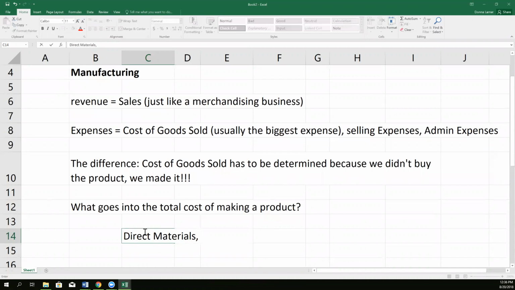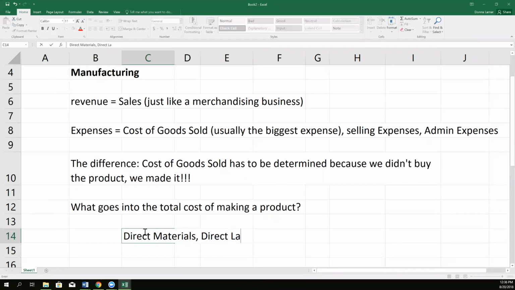They get all put together, modified, cut, sewn, welded, all put together to make a finished product. So you've got to keep track of what direct materials are going into the product. How many pounds, how many yards of fabric, what did it take for the raw material? How much does each of those items cost? A lot of record keeping that way.